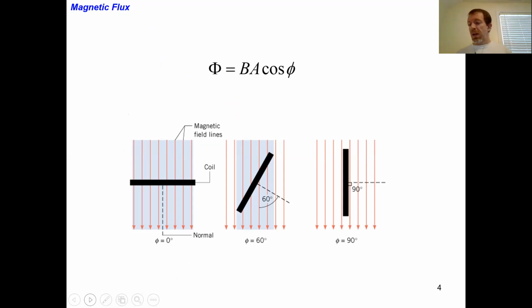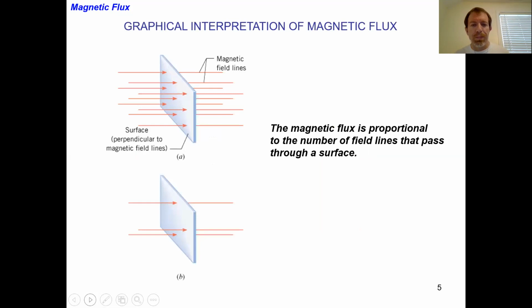If I alter that angle phi so that it's not 0 degrees, somewhere between 0 and 90, I'm decreasing the flux. So flux is a function of magnetic field, area, and the angle between my magnetic field and the perpendicular to the area, or the normal to the area. All right, great. That's interesting.